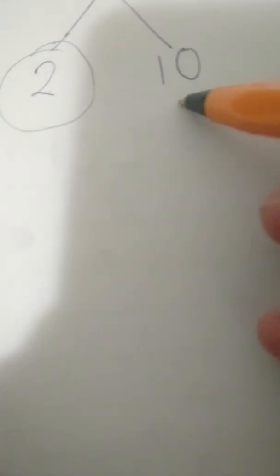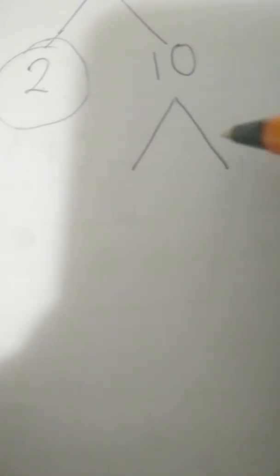So I need to now break up the 10 and I can do this by dividing it by 2. Remember, if a number is not divisible by 2, you can then divide it by 3. If it's not divisible by 3, it can maybe be divisible by 5. You just move on up like that. So 10 is divisible by 2.